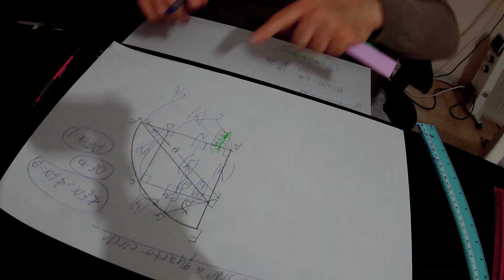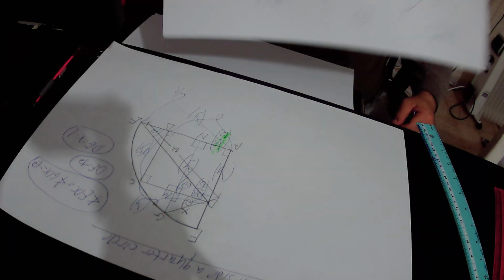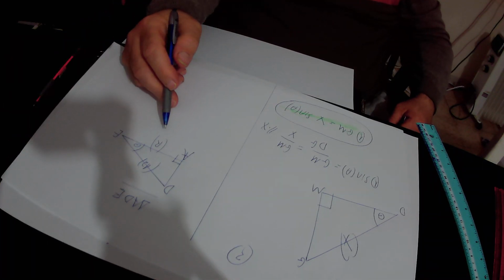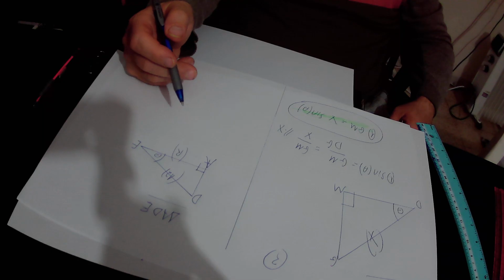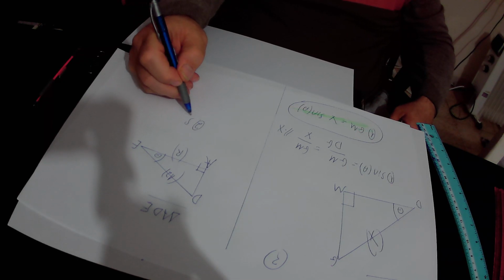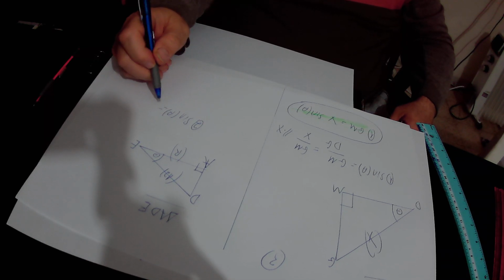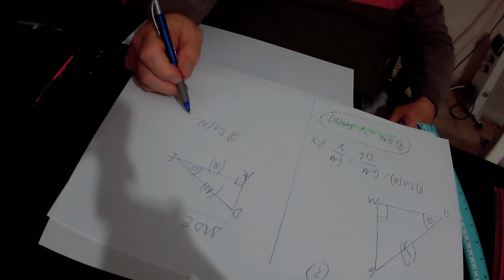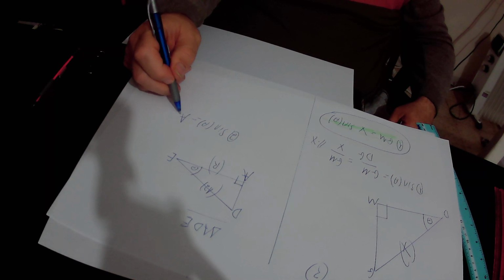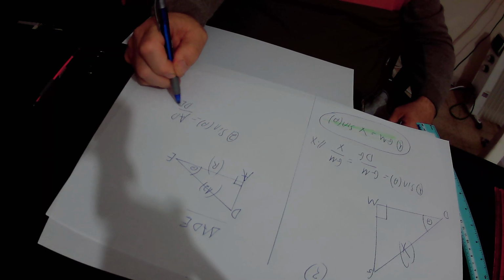And DE equals 12 units according to what is given in the question. So this is the right triangle ADE that I copied from the original drawing. In this right triangle ADE, sine theta equals AD over DE.